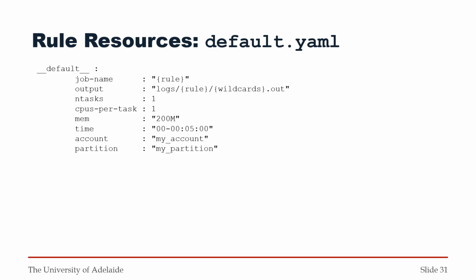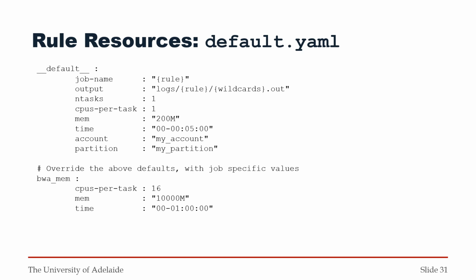So in the absence of any other information, this is what resources will be requested for each job. It's possible to override these for individual jobs where you use the job name. So the example I've been using throughout is this BWA mem. And so here we can override those defaults and say we want 16 CPUs, we want 10 gigabytes of RAM, and we want an hour of time on the cluster.